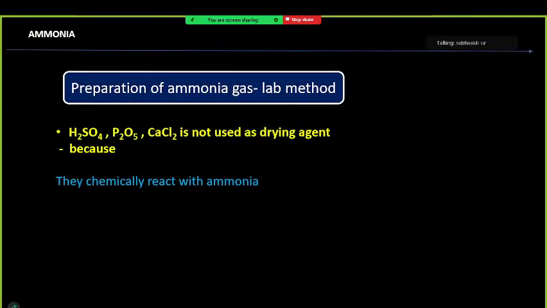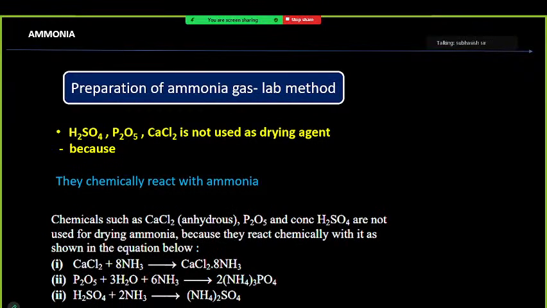H2SO4, P2O5, CaCl2, all those compounds are good drying agents, but they cannot be used in drying ammonia gas, because they chemically react with ammonia. H2SO4 is acidic. It reacts with ammonia with the formation of ammonium sulfate.